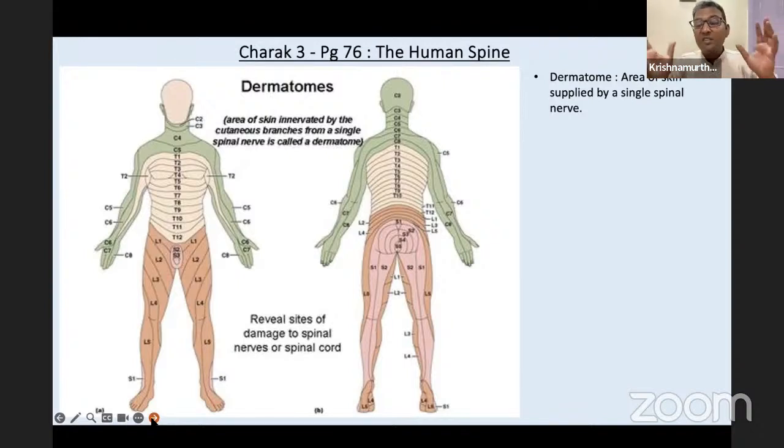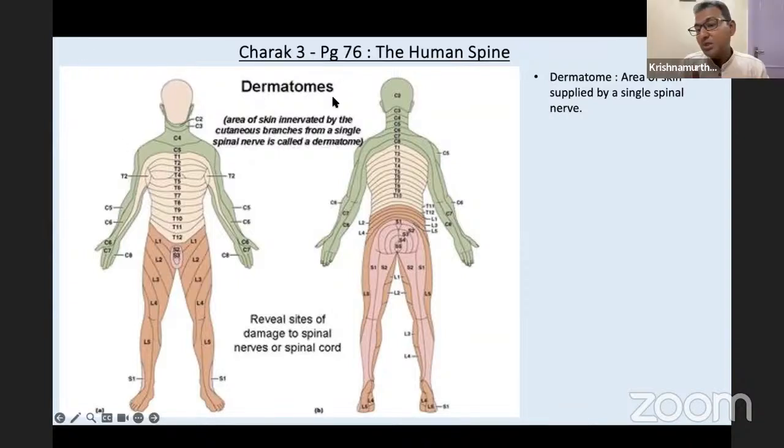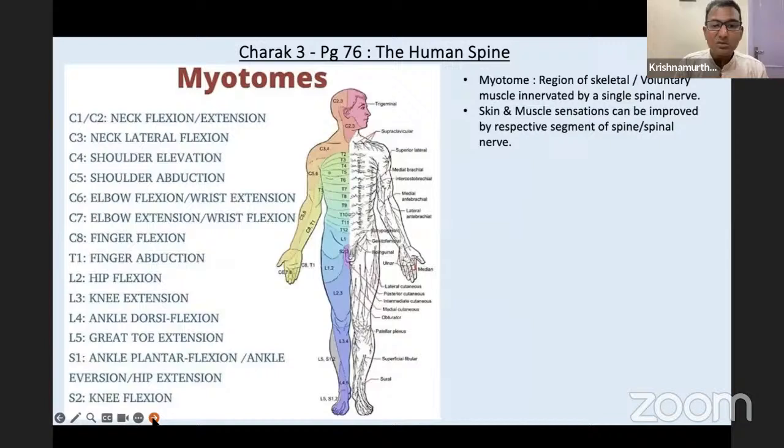the skin area which is innervated by the spine is mentioned in what chart? Dermatomes. Okay. Skin. Derma is skin. And there is one more thing which is called myotomes. So what is myotome?